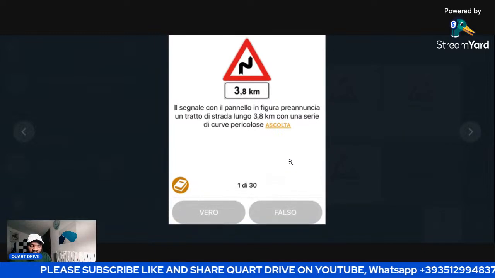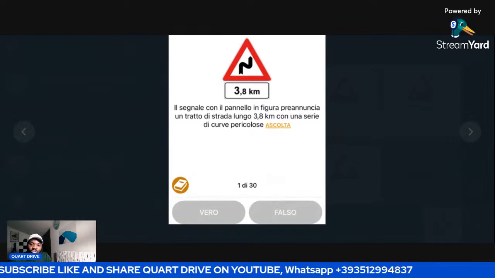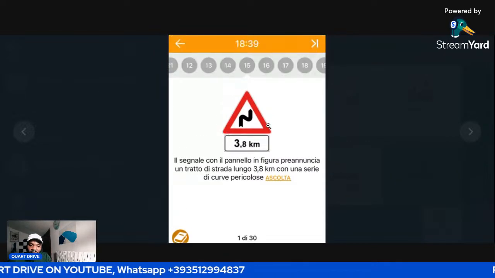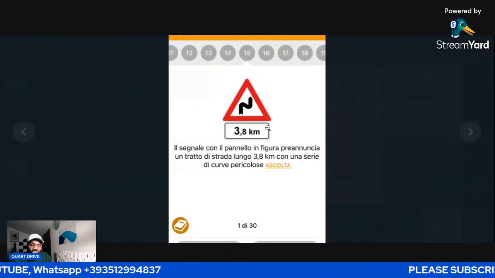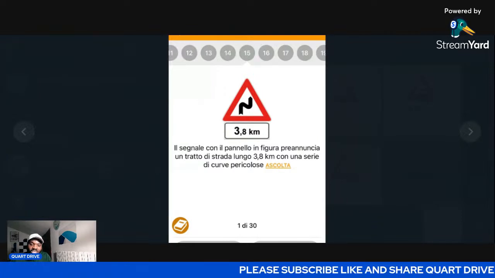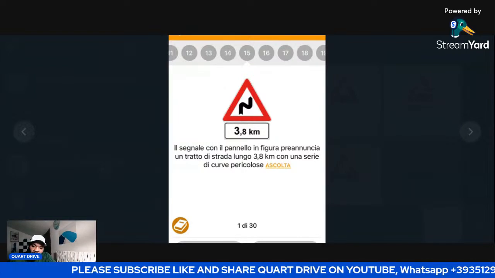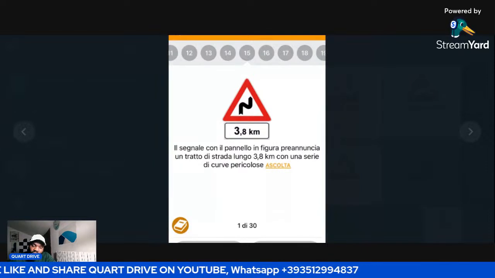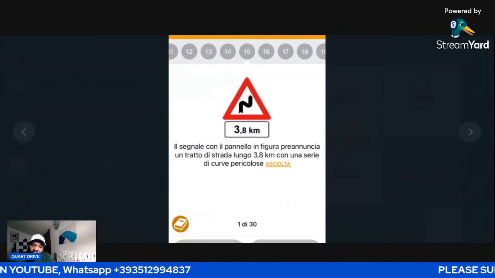The 15th question here is talking about doppio curvo. It says, il segnale con il pannello in figura preannuncia tratta di strada lungo 3,5 km con una serie di curve pericoloso. This one is talking about the distance of the curve.